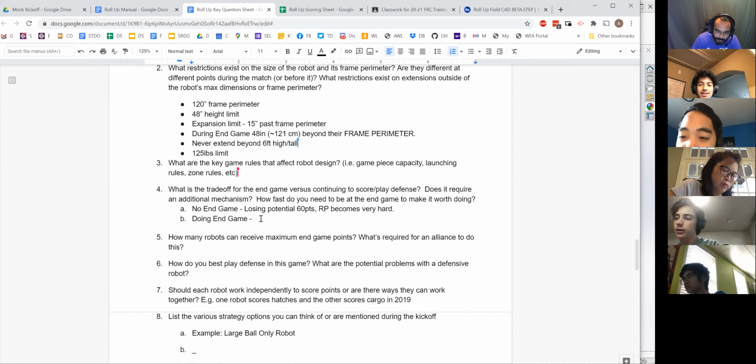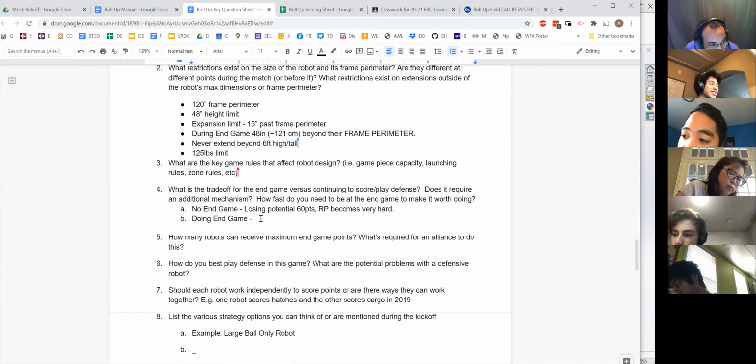Okay, doing the end game. Is the high park fully supported by the ramp? So someone who's low parked, holding you up, that counts. Oh, okay. Also, the climb is not fully supported by the bars either.